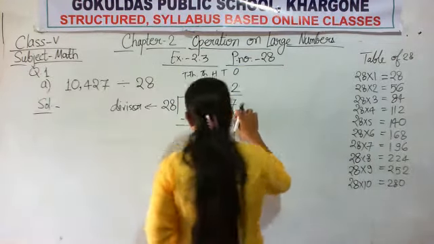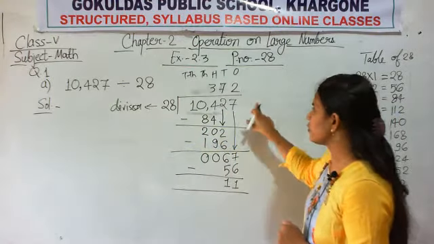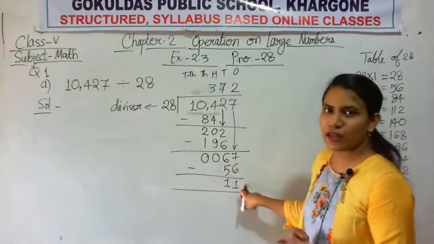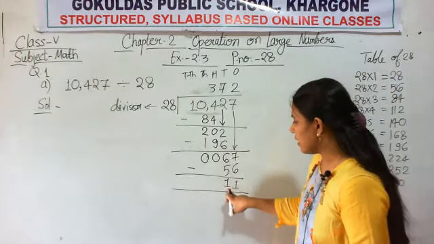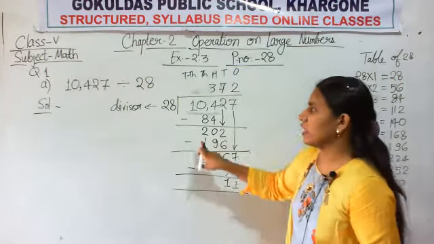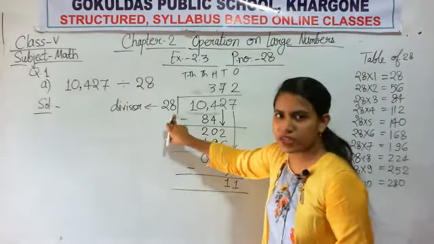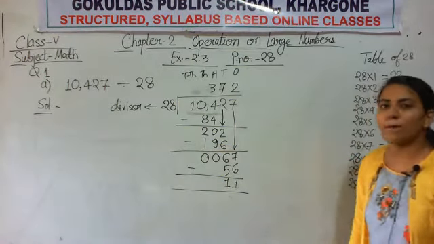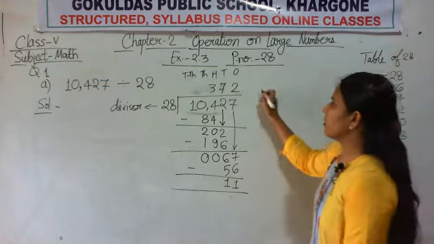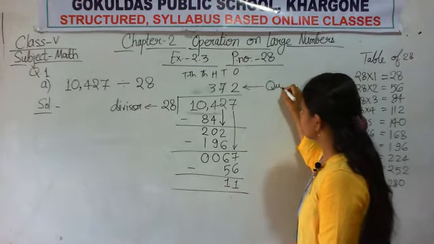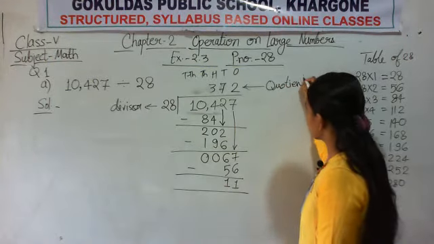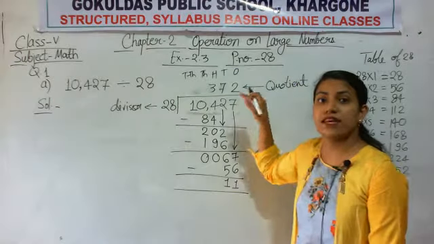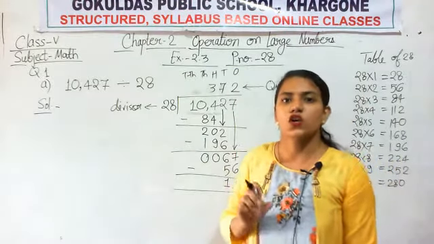Now there is no number left in the dividend, so you cannot bring down any number. And 11 is smaller than the divisor, so you cannot divide further. So your division is stopped here. So this is your quotient.